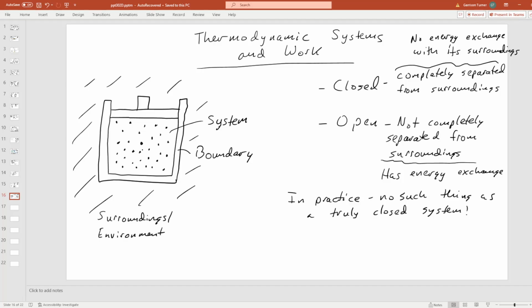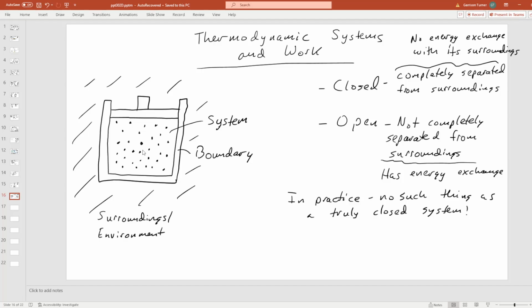We can assume that when a system has been left alone, and this is true whether the system is open or closed, as long as the system has been allowed to exist for a certain length of time, then the system will be in what we call equilibrium.